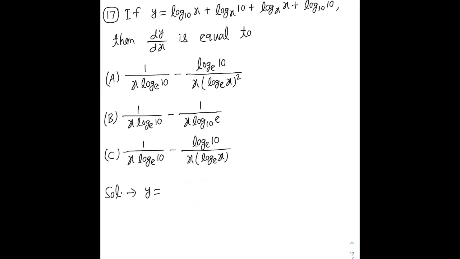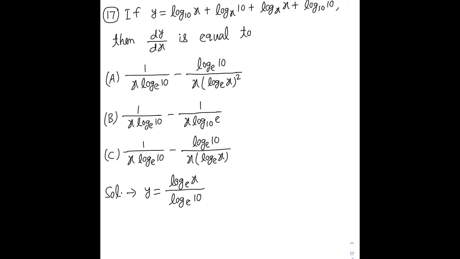So we can write log x base 10 as log x base e divided by log 10 base e. Are you getting it? Log x base 10 can be written as log x by log 10, where the base for both logs can be the same. So we can put e, because that will help for differentiation.